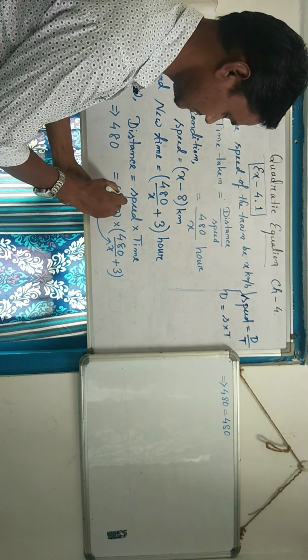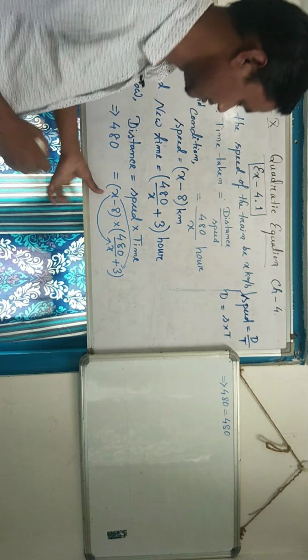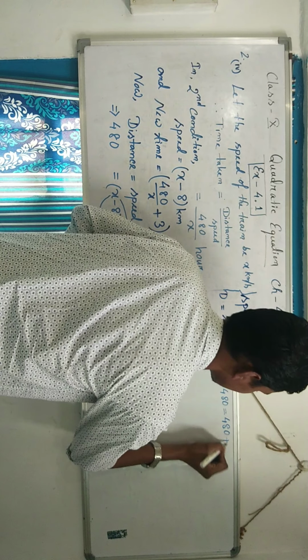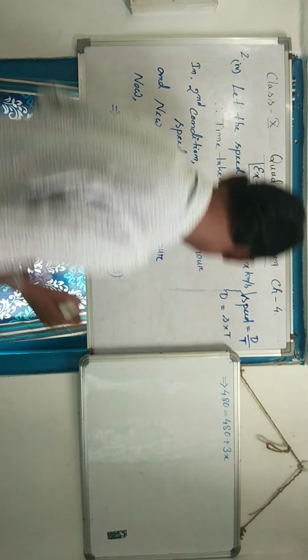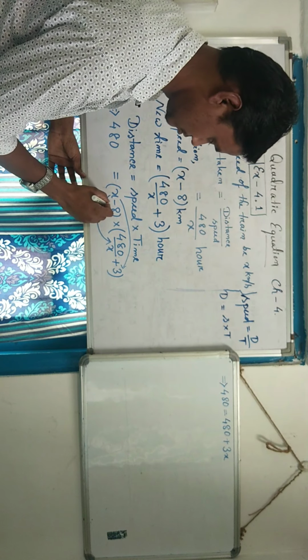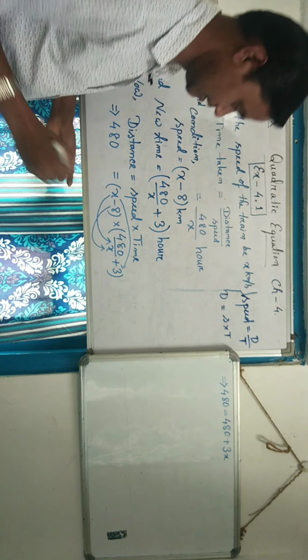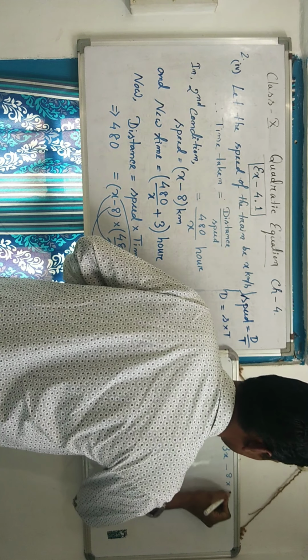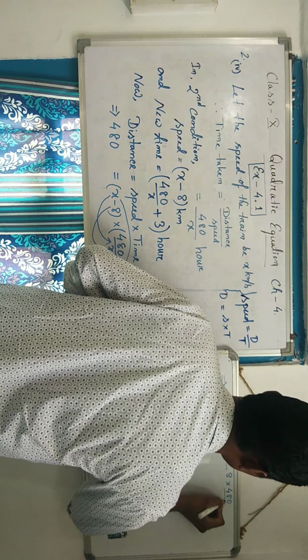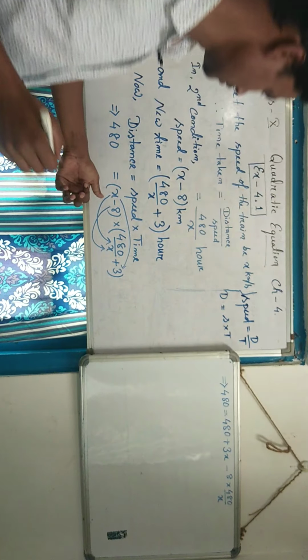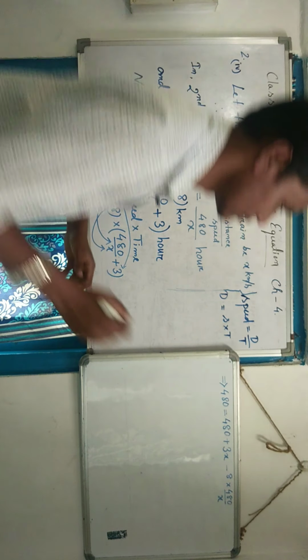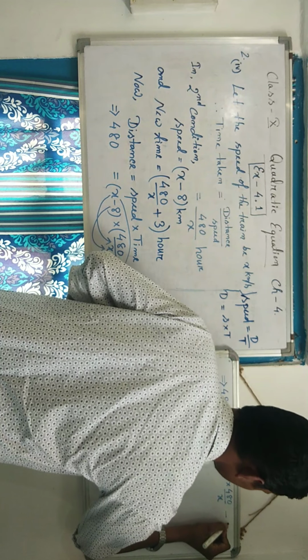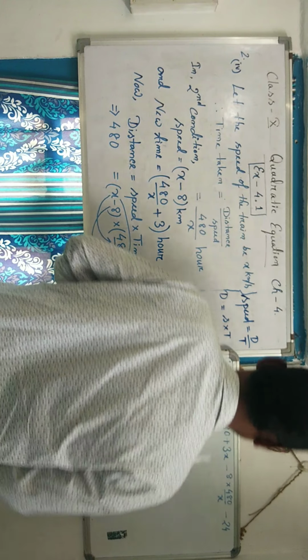Then again x into 3, that will be thrice x, plus 3x. Next, minus 8 into 480 by x. Next minus 8 into 3, it will be 24.